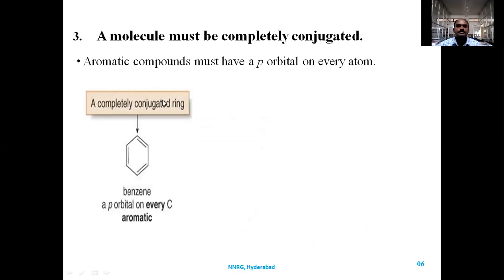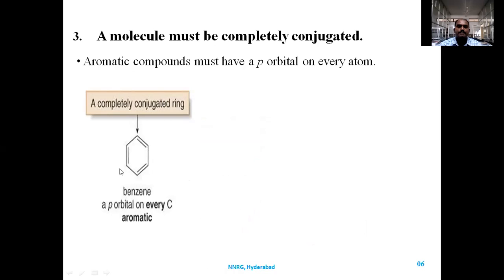When you come to the third criterion, the molecule should be completely conjugated. What does it mean? Completely conjugated means there should be complete alternate double bonds. When you have alternate double bonds and a p orbital on each carbon, there is a possibility of complete conjugation.